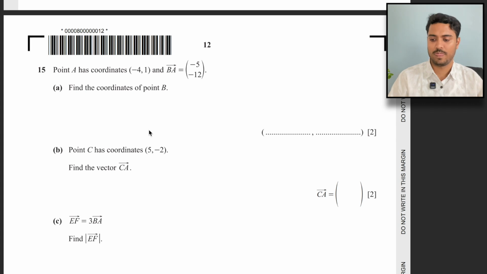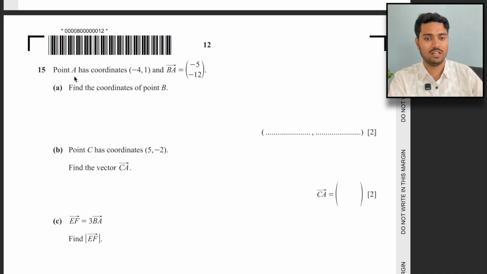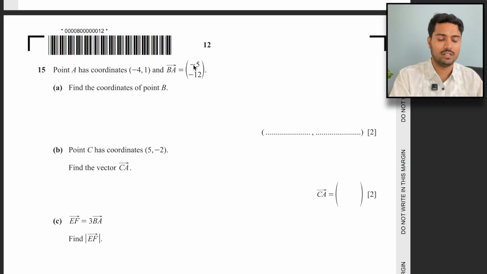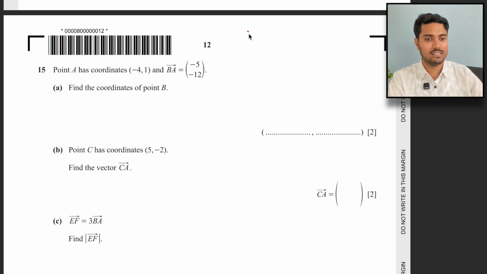Question number 15 now. It says point A has coordinate minus 4, 1 and BA is equal to minus 5, minus 12. Find the coordinates of B. So we can check graphically also. Let's say this is our graph roughly.